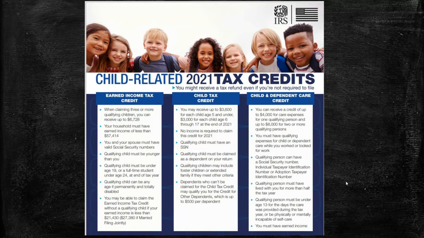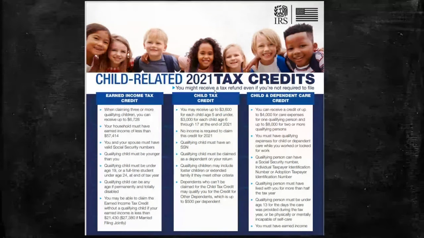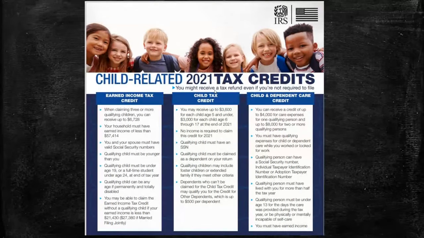And then the last major change for individuals with the American Rescue Plan was the Child and Dependent Care Credit, that they increased substantially in 2021. And the biggest aspect for this one and the child tax credit, and you see it right here on this poster, is that individuals now can be refunded for these credits. They used to be non-refundable credits, and what that means is it only writes down your tax liability.